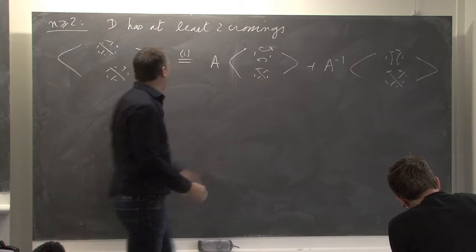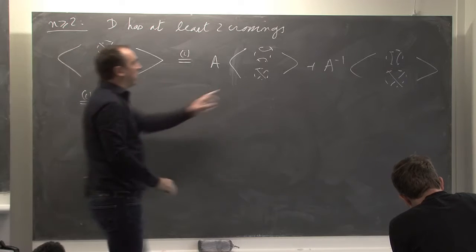And next we apply again the relation 1 to the crossing here.